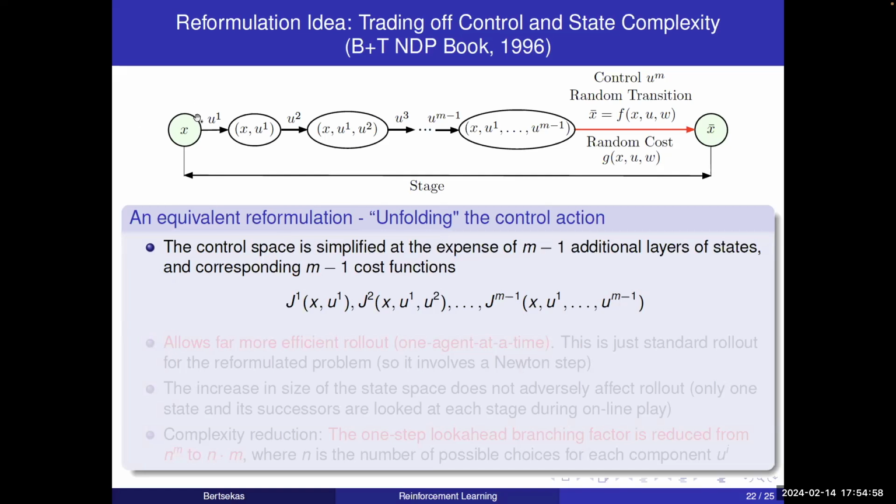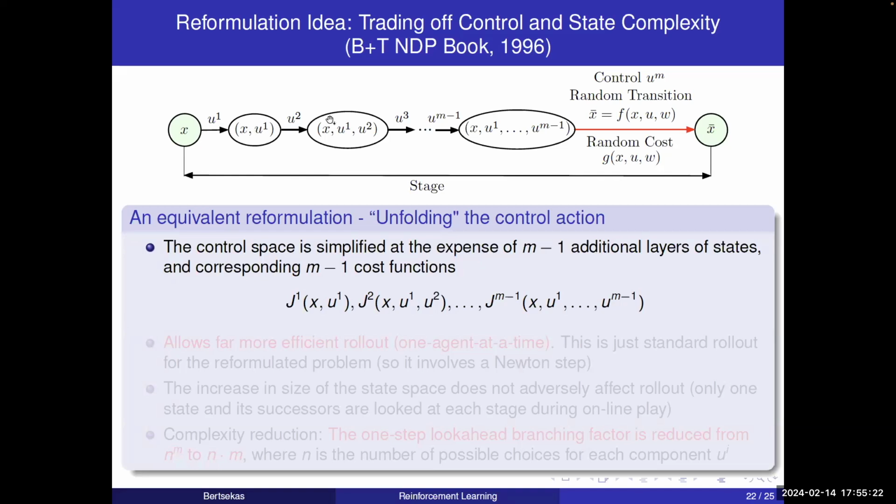The idea is that we compute the controls one at a time. If I'm at state X, I choose a control component, U1, and then I arrive at this new state, (X, U1), which reflects being at state X and having committed to control U1. Then I incur a cost, g1(X, U1), at this transition.